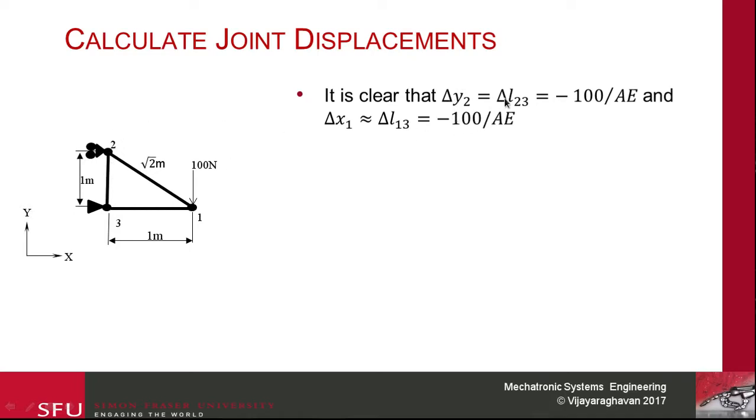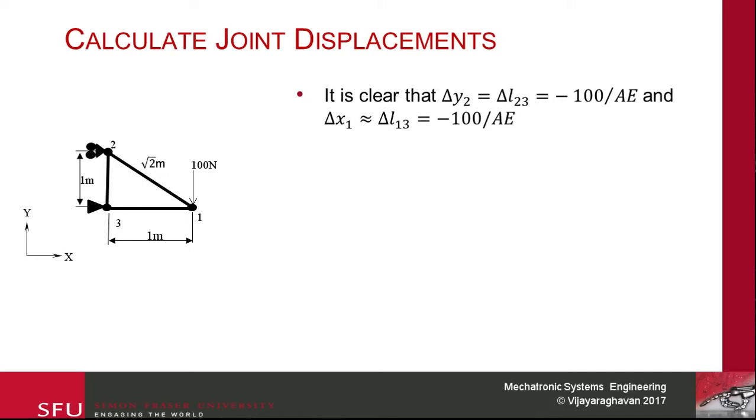So my delta y2 would be equal to delta L23, which is equal to minus 100 divided by AE. If you look at 1, 3 here, if this link gets shorter, this can potentially also rotate. But if we ignore the secondary effects of the rotation, we can conclude that delta x1, how far this point moves, is almost equal to delta L13, which will be equal to minus 100 over AE.